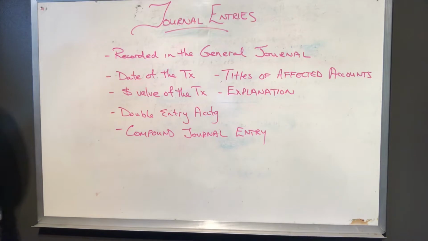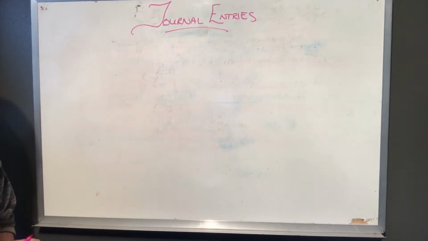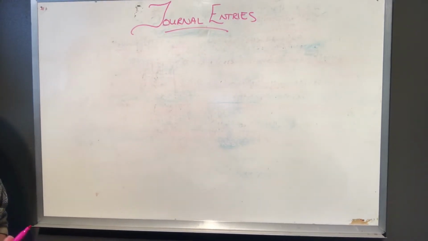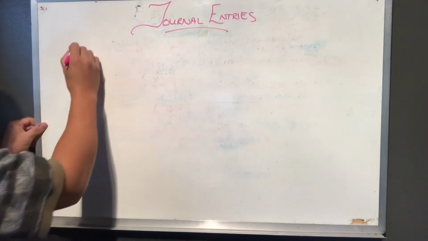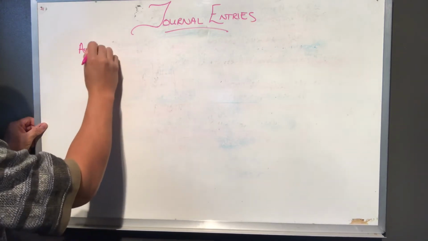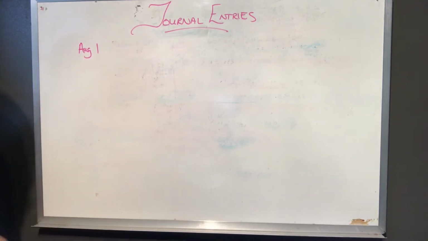All right. Okay, so let's say, for demonstration purposes, that our friend Carol starts a business, a cutlery business. So let's say on August 1st, she invests about $3,000 cash into a checking account in the name of her business, and she also invested $15,000 of equipment that she already owns.